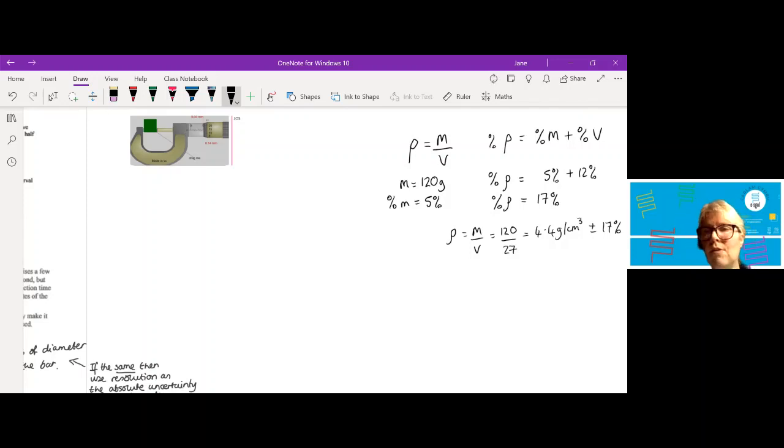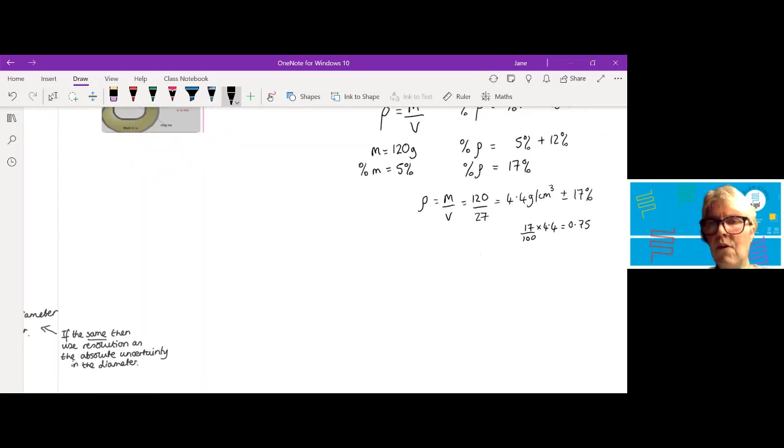Now work out what 17% is. So 17 divided by 100, i.e. 0.17, times by 4.4. I hope I've got this right, and sir, I hope you're going to correct me if I'm wrong. Times by 4.4 equals 0.75. Okay, so how are we going to write this? 4.4 grams per centimetre cubed plus or minus 0.748.